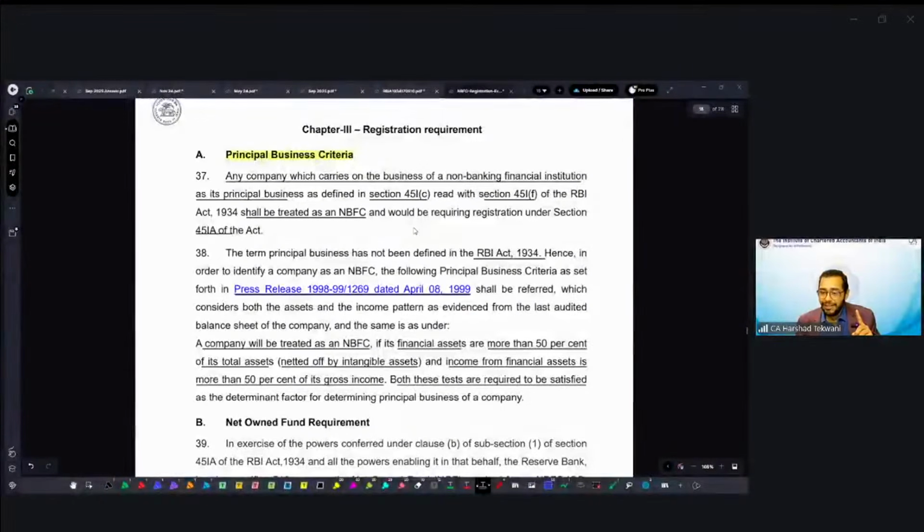Both these tests are to be satisfied. Then only I will treat that company as an NBFC. So this is the 50-50 criteria, the principal business criteria. What is the 50-50 criteria? That 50% or more of your total assets shall be your financial assets, and 50% or more of your gross income is the income from those financial assets.